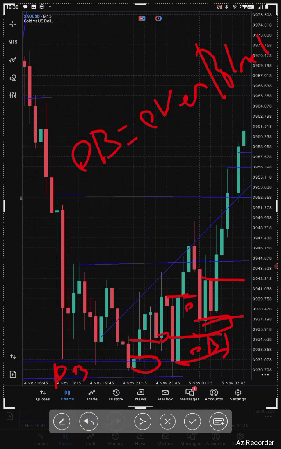Why OB? The meaning of an OB is that the price has to retest the strong support and then push up. So when the price breaks, for example, this is an OB.